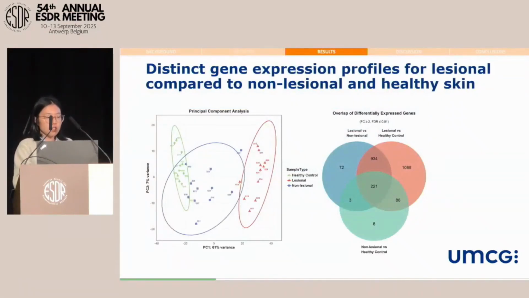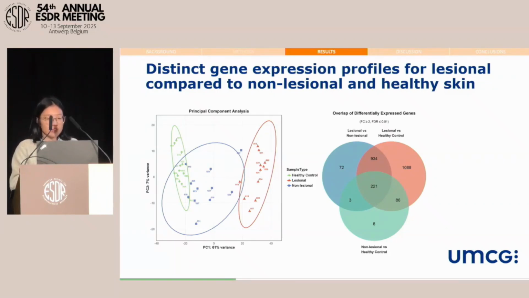On the left is the principal component analysis. There was clear separation between lesional skin, shown in red, and healthy control, shown in green, and there was bigger overlap between non-lesional skin, shown in blue, and healthy control, shown in green. On the right is the Venn diagram.